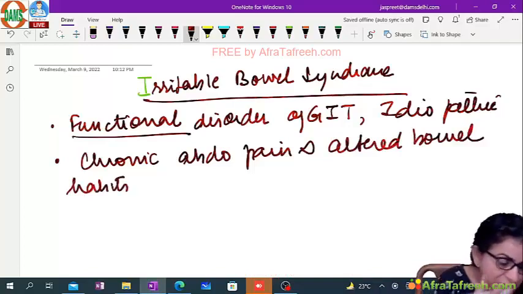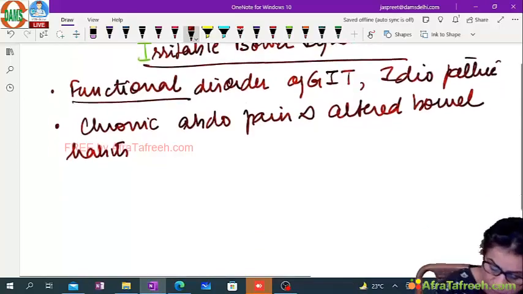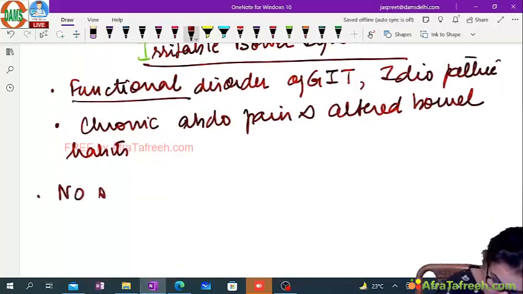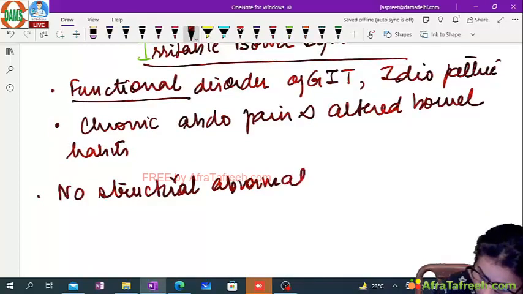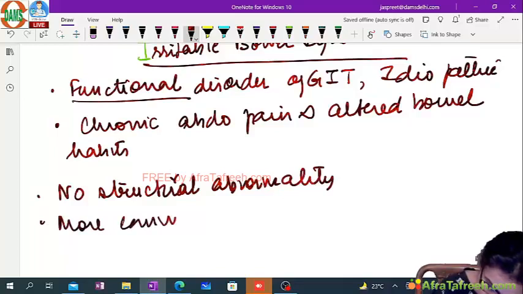What I mean by functional disorder is there is no structural abnormality. The GI tract is absolutely normal. There is no structural abnormality, and this is more common in middle-aged females.